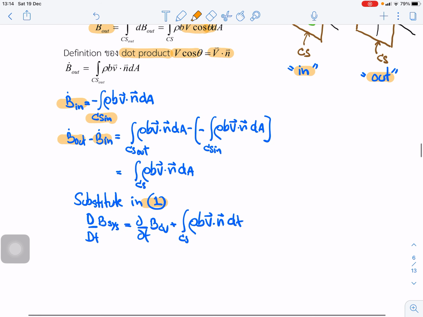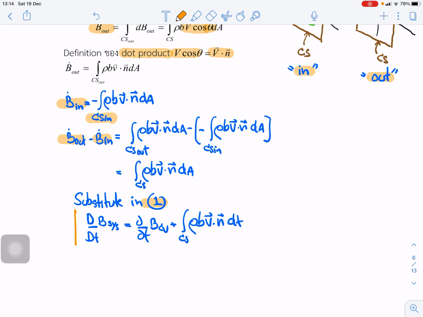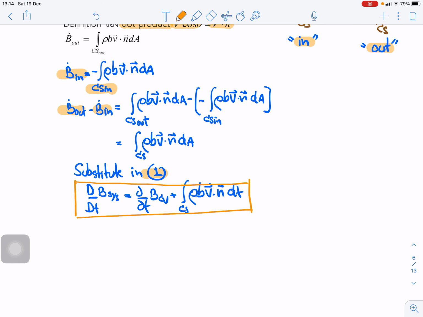So we get the derivative of B system with respect to time equal to the rate of change of B in the control volume plus the rate of change at the surface.